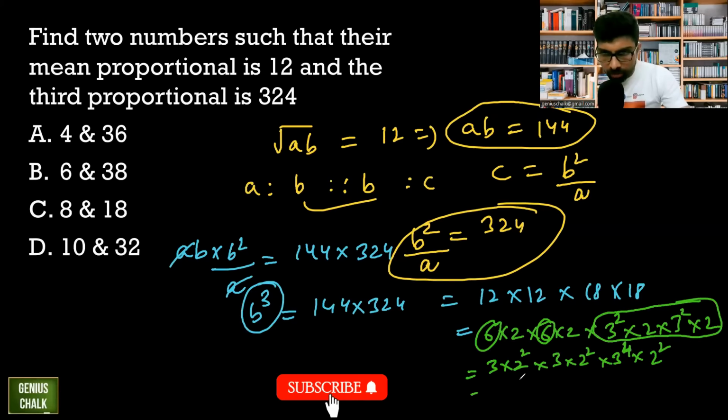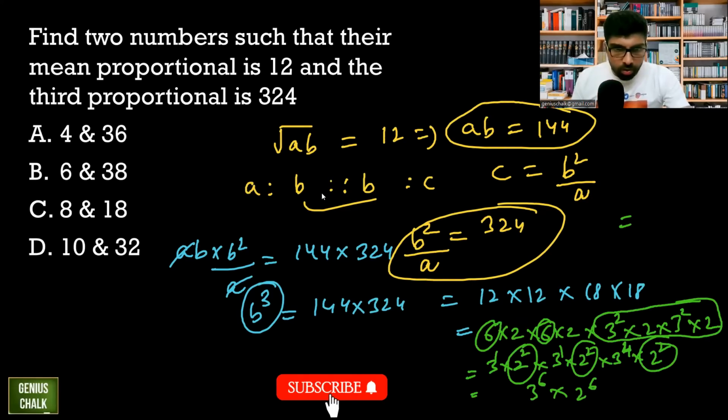Now combine everything. It is 1 plus 1, 2 plus 4, 6. So 3 to the power 6 and 2 to the power 6. If I want to find the perfect cube, B cube equal to 3 to the power 6 into 2 to the power 6.